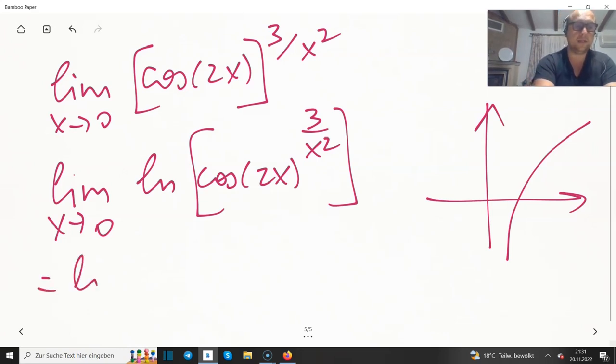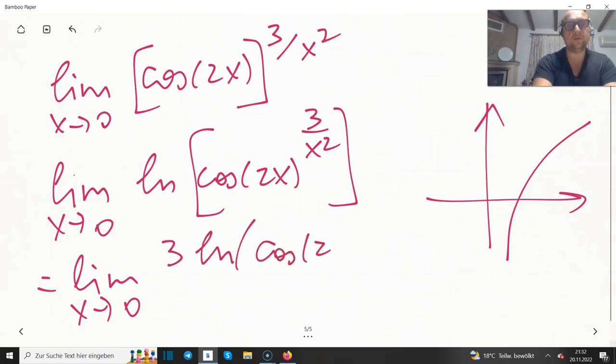So let's see, what do we have here? We can apply the logarithmical rules. I'm putting 3 down, so we are having 3 ln of cosine of 2x divided over x squared now.